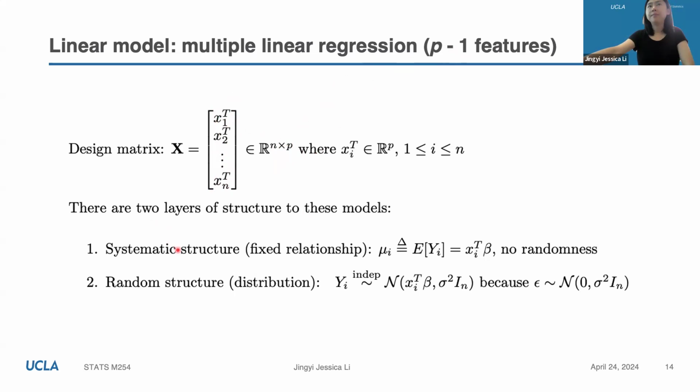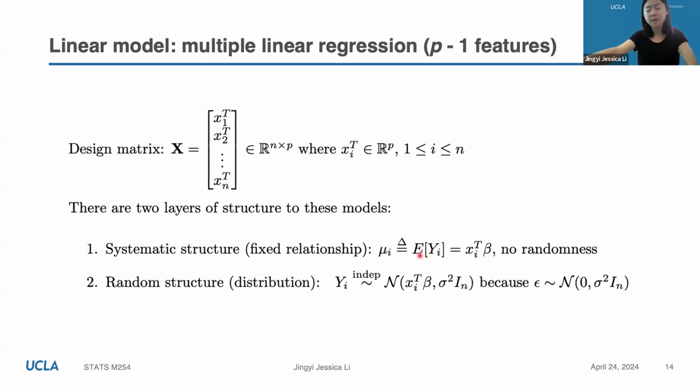So here's the key thing. We can interpret this linear model in a two-layer structure. The systematic structure is about the mean of yi, with no randomness, just how the mean of yi can be explained by my p-1 predictors or features. This is the linear part, the mean part. Typically we give a notation for the mean of yi as mu i, but this is not the most important thing.